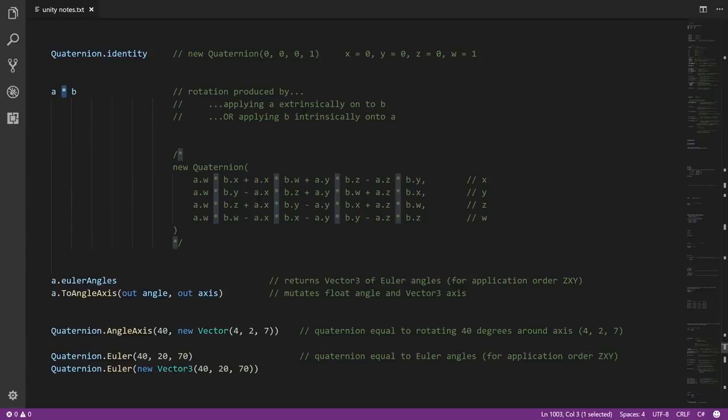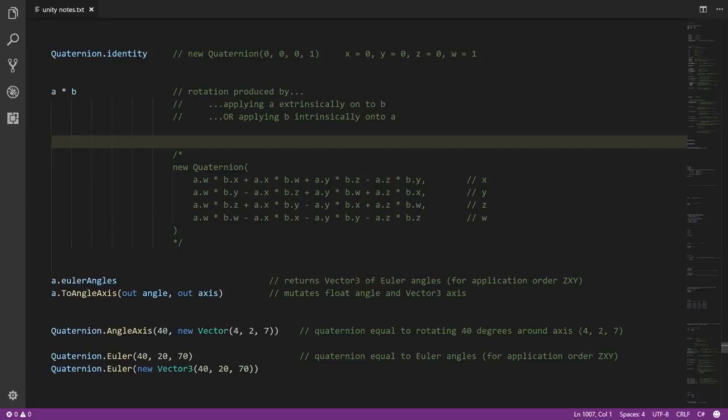A rotation and an orientation are really just two sides of the same coin. An orientation is a rotational position, and at the same time it represents the rotation it takes to get there. So anyway, we have some object, it's already at rotation B, and then we extrinsically apply rotation A onto it, and we end up in some third orientation C, and that is what this operation produces. Again, for reasons we won't explain, that is what this has the effect of doing.